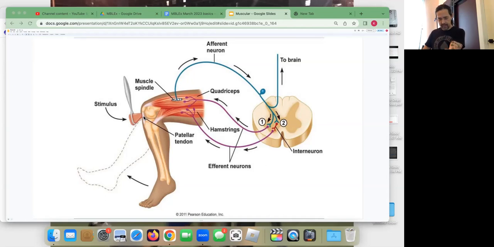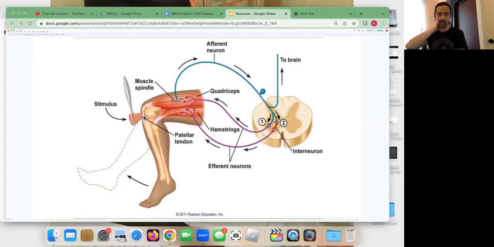The same process happens where you tap or press or stretch the tendon, which stretches the intrafusal muscle spindle fibers. Those spindle fibers then send an afferent sensory impulse through the afferent neuron to your spinal cord. In this case, it'll be the section somewhere around C6. And then the central nervous system sends motor impulses to both the agonist and the antagonist, telling one to contract and the other to relax or inhibit.